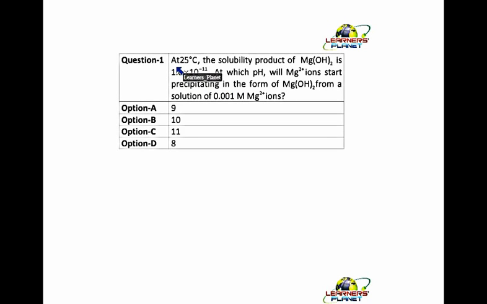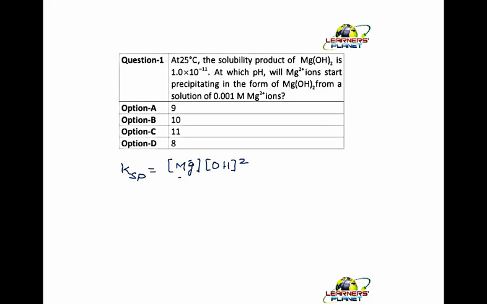Now this is a question over here that at 25 degrees centigrade, the solubility product of magnesium hydroxide is 1 into 10 to the power minus 11. So, what is the formula for solubility product? Let's take out the solubility product of magnesium hydroxide. So, Ksp will be the concentration of magnesium and this is hydroxide.